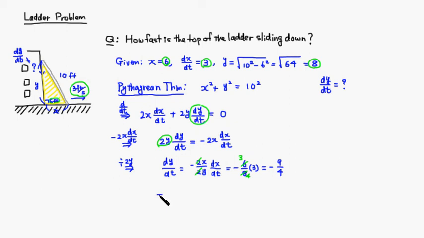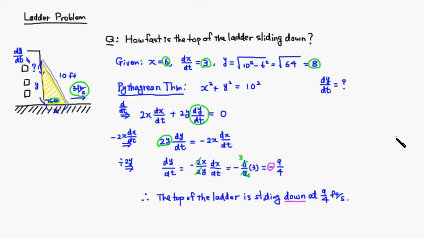Since it's already saying sliding down, that takes care of the negative sign. So you can just say the top of the ladder is sliding down at 9/4 feet per second.